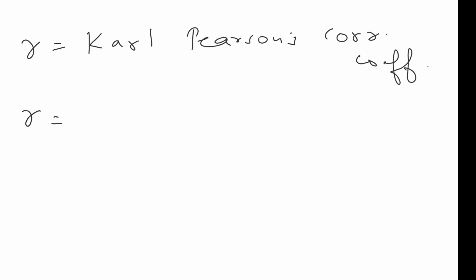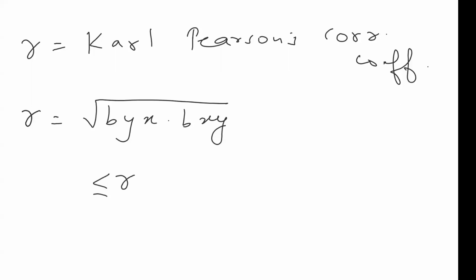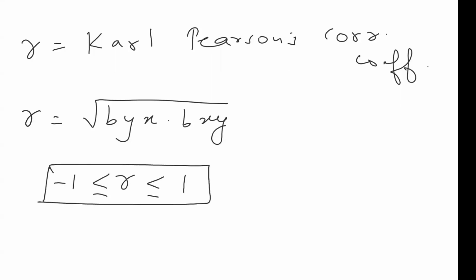The formula for r in regression is root of byx into bxy, root of byx into bxy, right? That is the formula for small r, and the value of r always lies between -1 and 1. You should remember this. Fine.